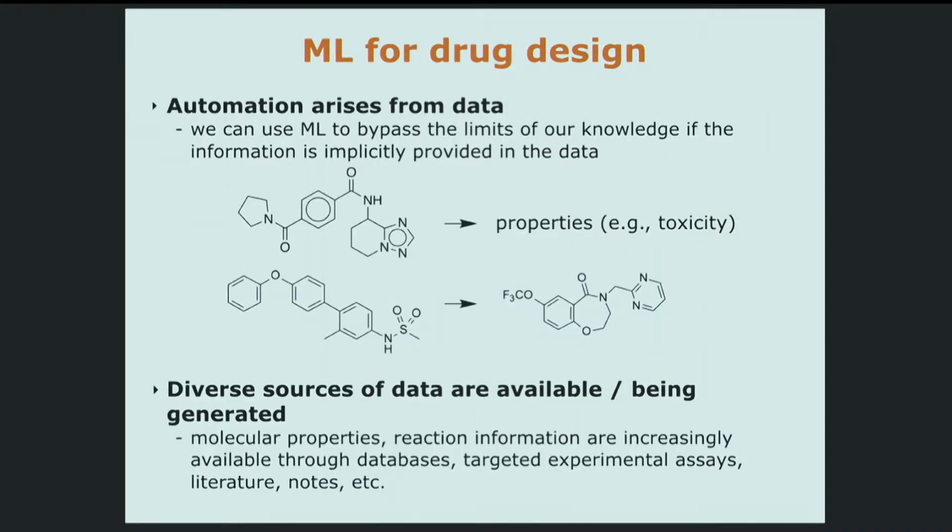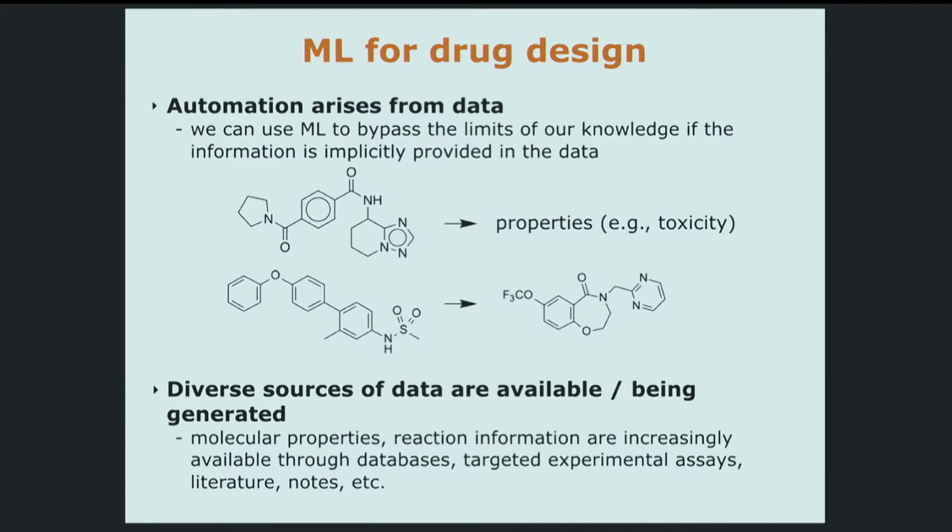So the topic today is really drug design, and what enables us to do anything interesting in terms of automation here is the richness in the data. So if you think of, say, a simple property prediction task, I have a molecule, I want to understand its properties in terms of solubility, toxicity, and others.